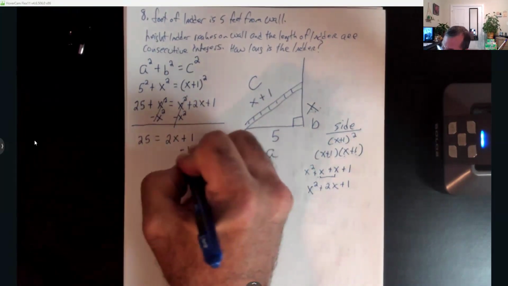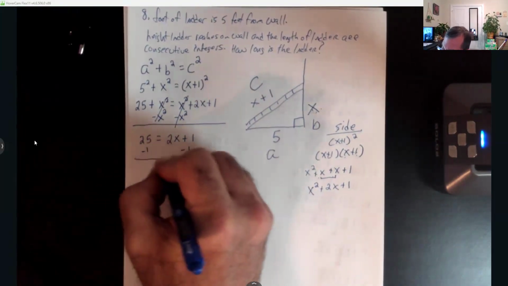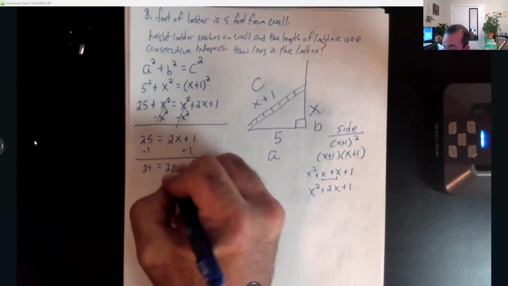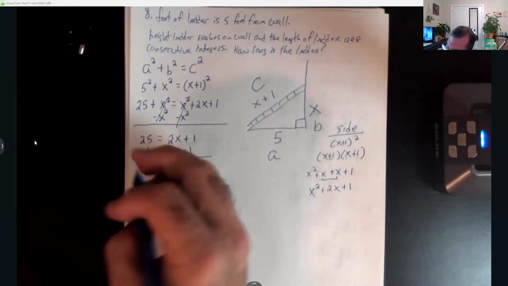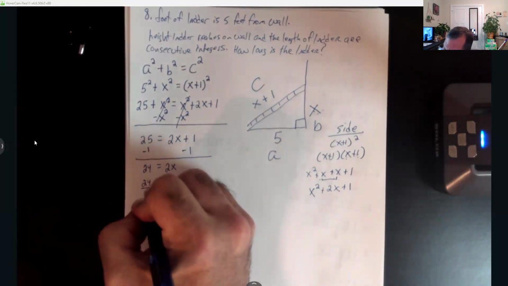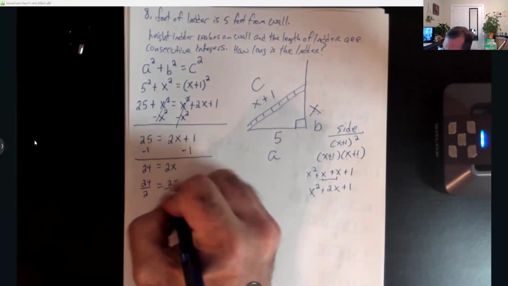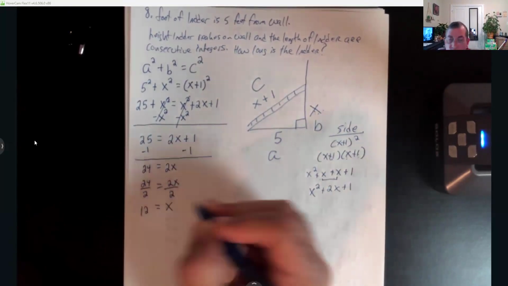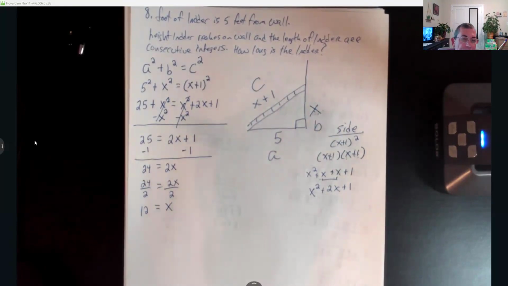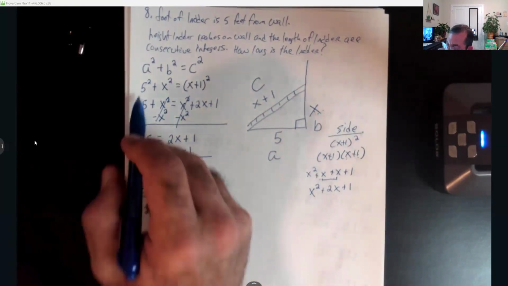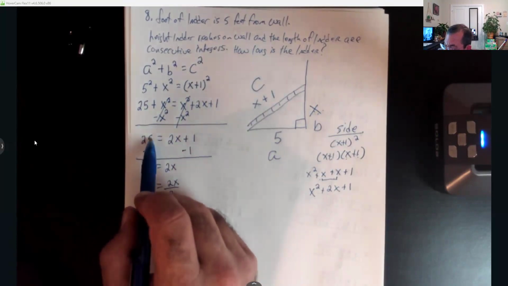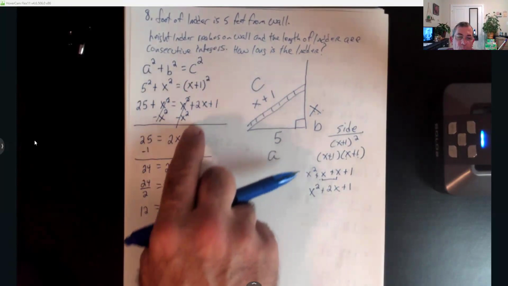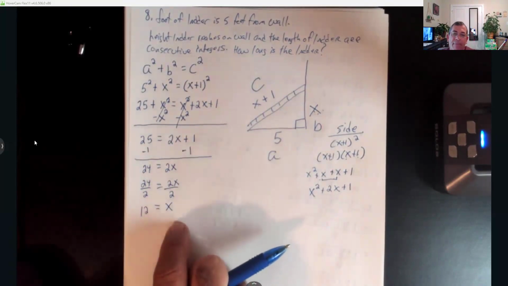So what are we going to do? We're going to subtract 1. That'll give us 24 equals 2x. Divide everybody by 2. So that's going to give me what? A 12 equal to my x. Y'all, listen, the only difference y'all are going to have on this problem is the numbers, okay? This right side will play exactly like mine.